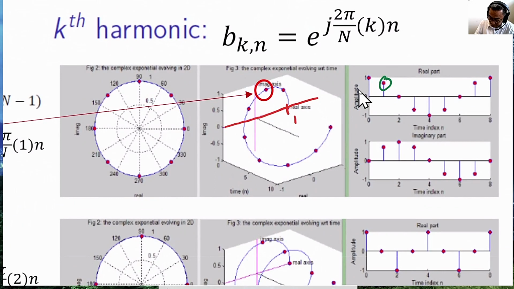This value is 1, this value is 0, and somewhere along here will be -1. This is the real axis, and on the vertical line, now I draw in green, is the imaginary axis, and now I draw in red, coming out is time, discrete time.